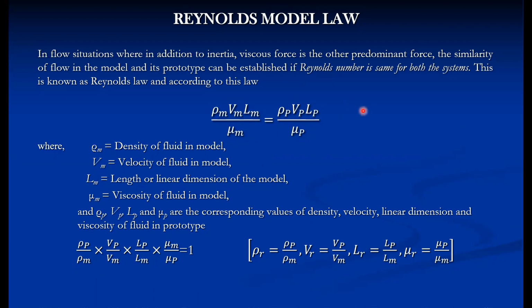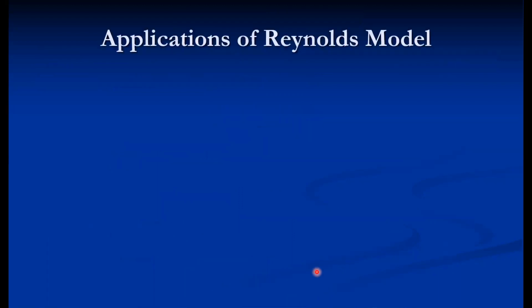Taking all the terms on one side, equating to 1, and if we consider this ratio as the density ratio, this as the velocity ratio, this the length ratio, and this the viscosity ratio, all with suffix r, then we have the Reynolds number for all ratios equal to 1. So this is called the Reynolds model law.